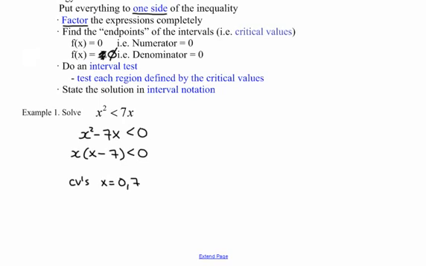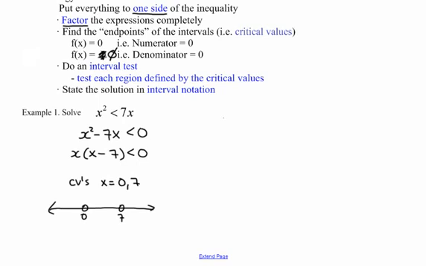When we do an interval test, I'm going to show you the chart that you've done before, and also the number line. If you put this on a number line, be very careful because this doesn't have an equal to symbol underneath, so these are open circles at 0 and 7. There are 3 different intervals we have to look at.